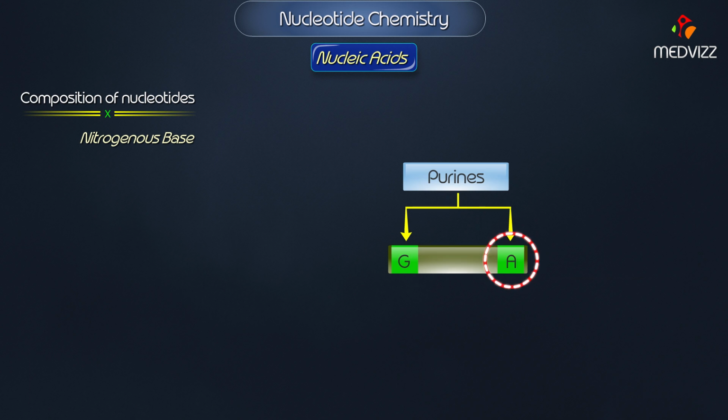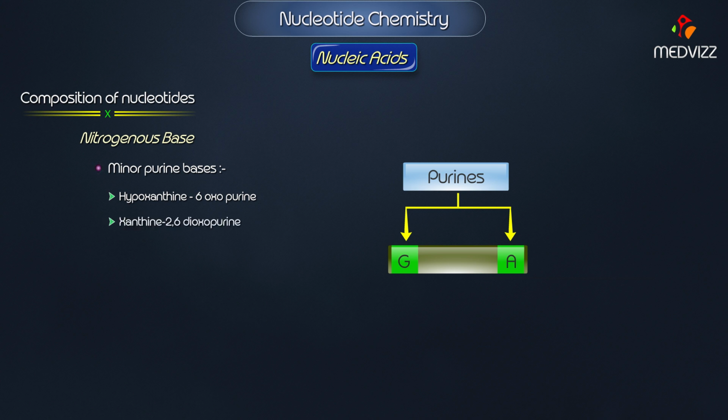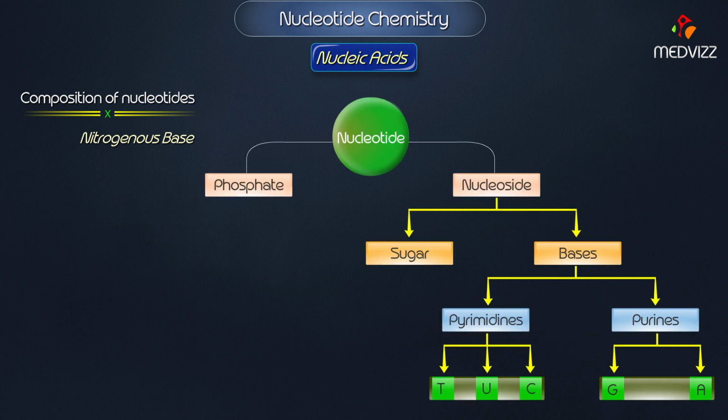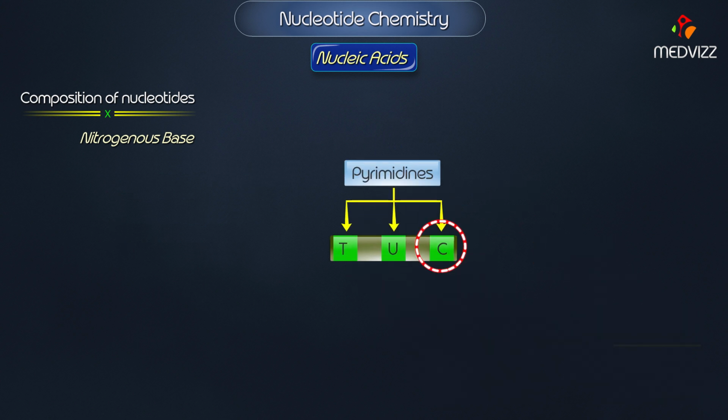Purine bases are adenine and guanine. Minor purine bases are hypoxanthine, 6-oxopurine, xanthine, 2,6-dioxopurine, uric acid, 2,6,8-trioxopurine. Pyrimidine bases are cytosine, uracil, and thymine.